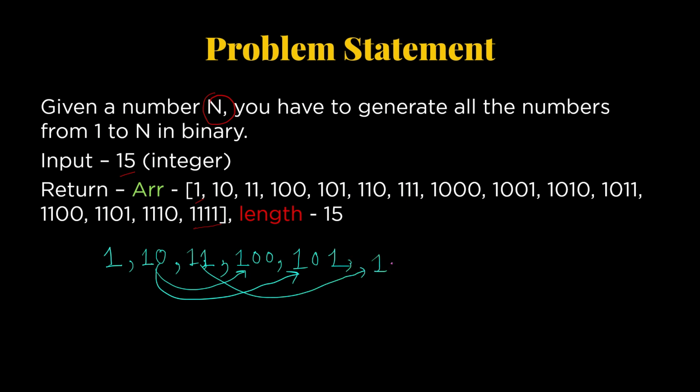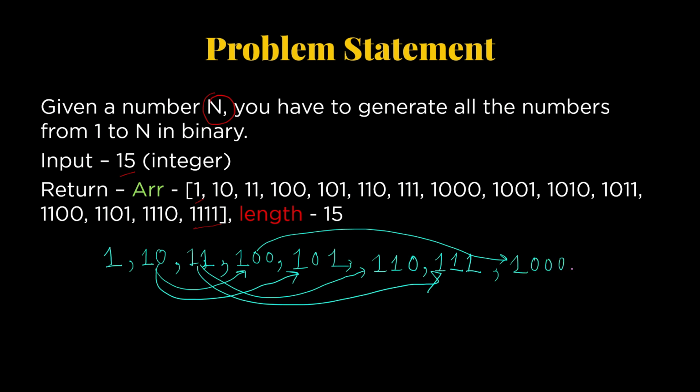The next two numbers can be generated by adding 0 and 1 to 11, and the next ones by adding 0 and 1 to 100 and 101. I hope you get the pattern in this. In this way we can generate all the numbers from 1 to n.